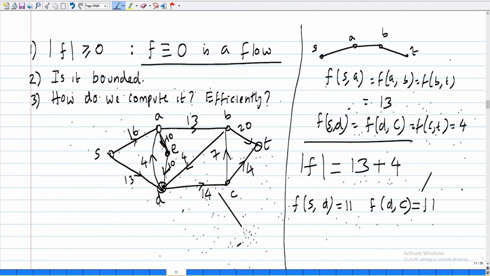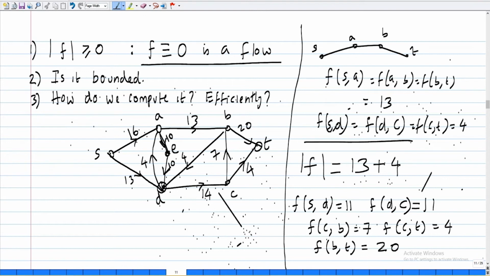And then that 11 is going to split into 2 parts, right? That is f of c comma b is 7, and f of c comma t is going to be 4, right? What is f of b comma t? 13 plus 7, it's going to become a 20, right?